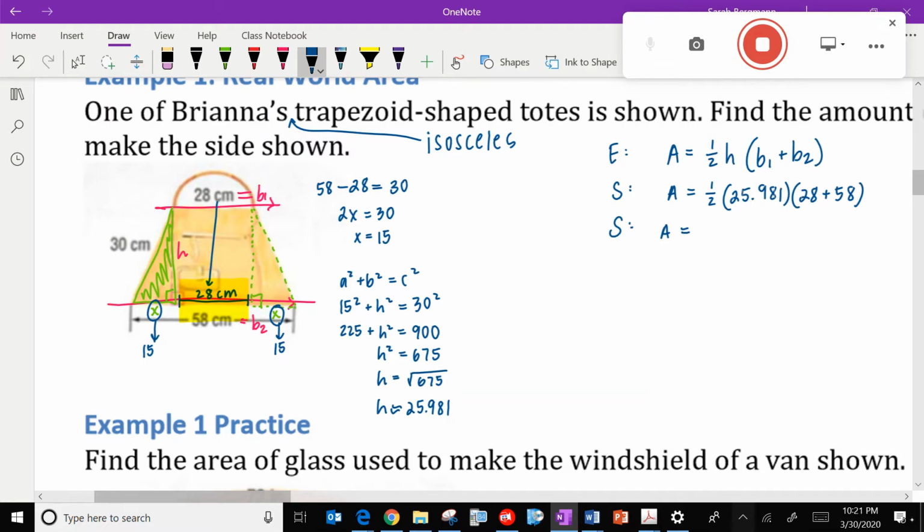So when we plug this in, we have to add up the 28 and 58 first. So that gives us 28 plus 58 equals 86. Now we can just multiply all this in our calculator. 1/2 you can type in as 0.5 if you'd like on your calculator.